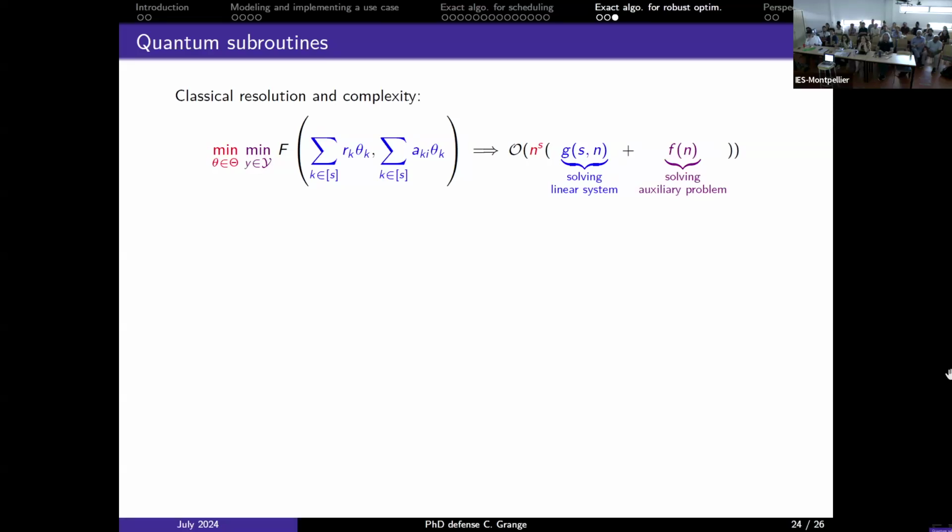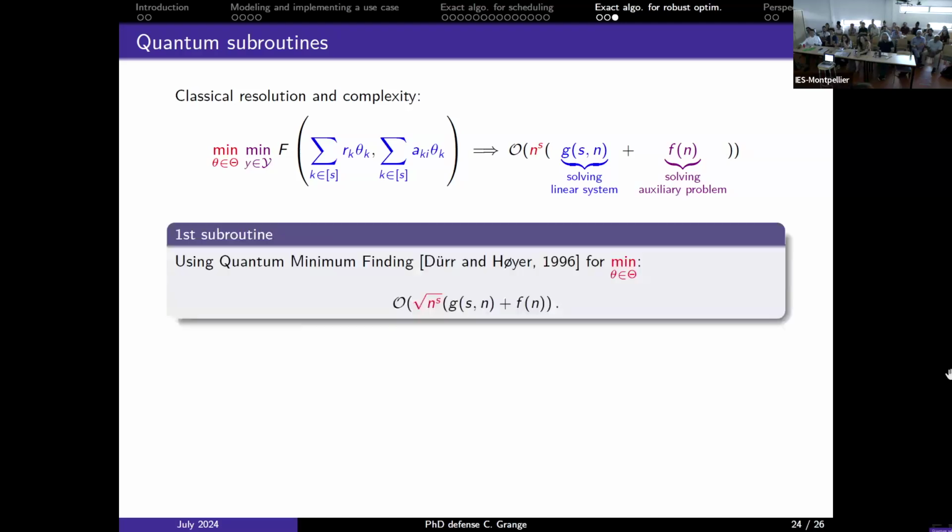Because we wanted to improve the complexity of this resolution, the first idea was to use the subroutine of quantum minimum finding in order to reduce the complexity of computing this minimum. It results in a quadratic speedup over the number of linear systems that we need to solve.